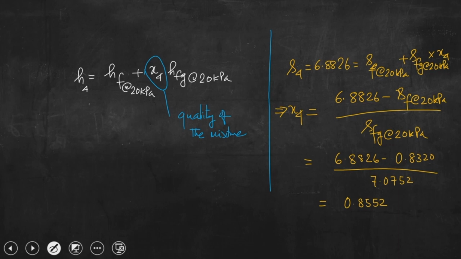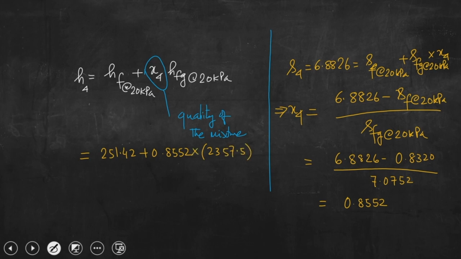Now if we plug in the values, this is 251.42 plus 0.8552, that x4 we have calculated from here, times Hfg, that is 2357.5.